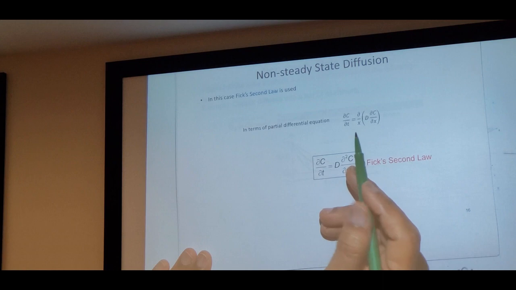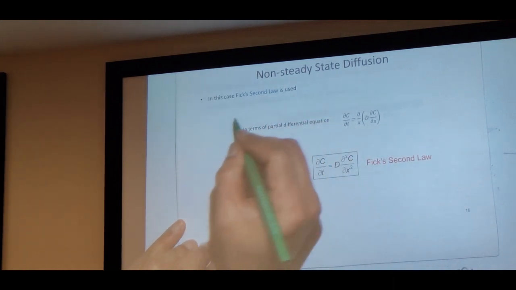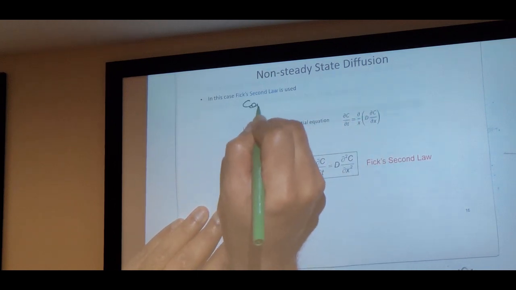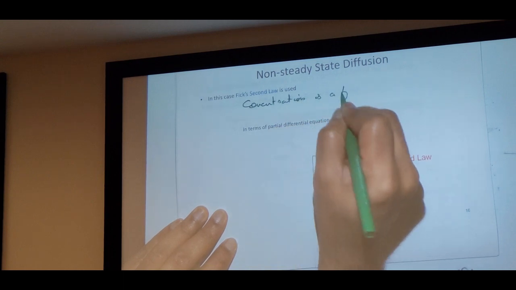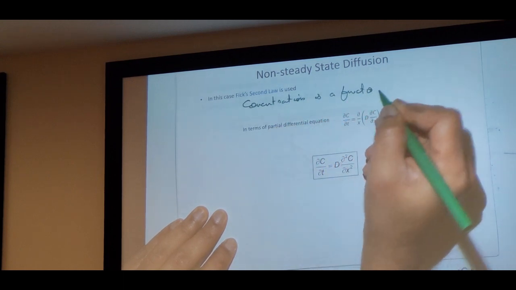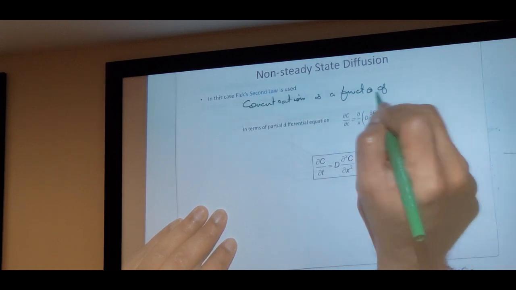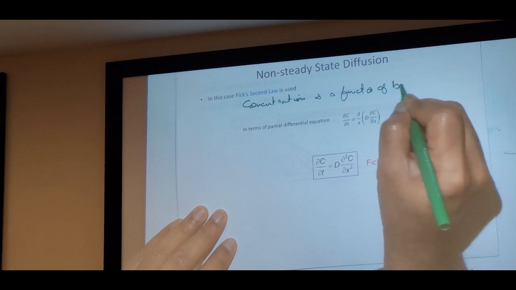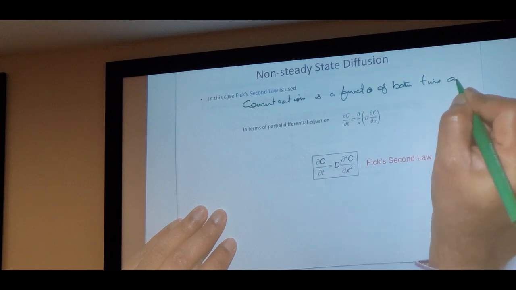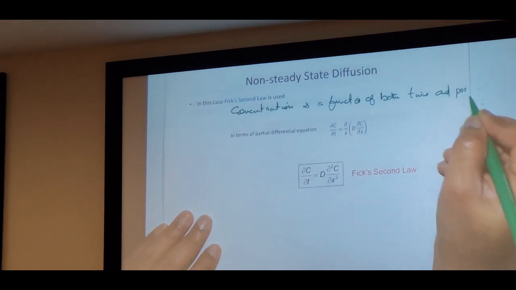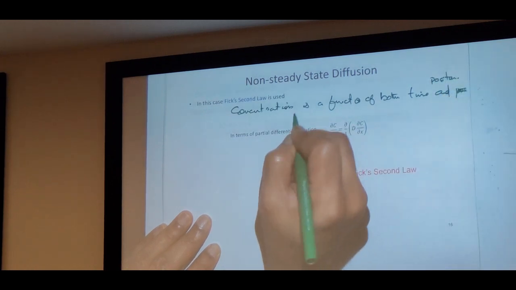Previously we have seen Fick's first law. Here, the concentration is a function of both time and position, the concentration of the diffusing species.